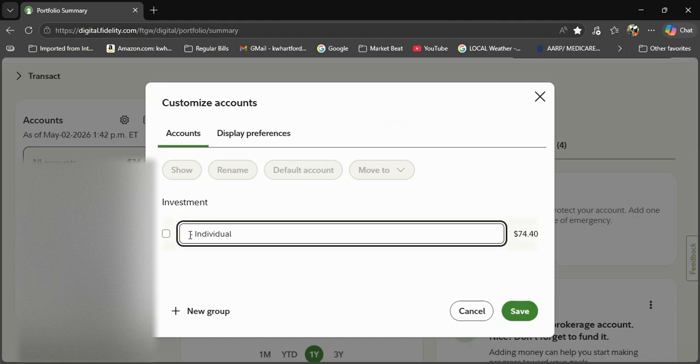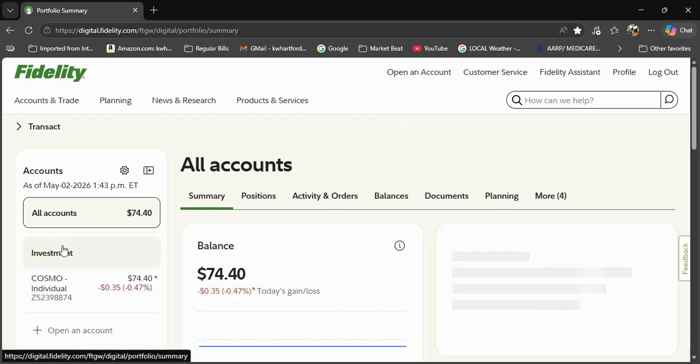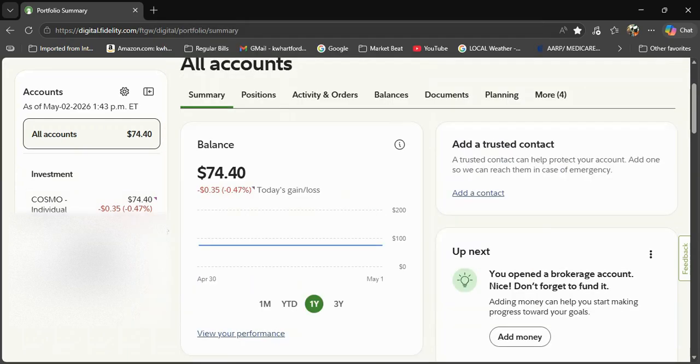We're going to rename this one. Cosmo's been a good boy lately, so he's going to open up his new account. And there you go, Cosmo has an individual account.